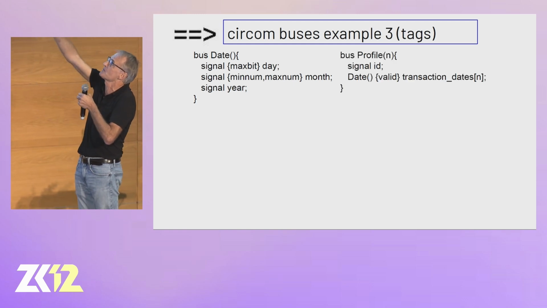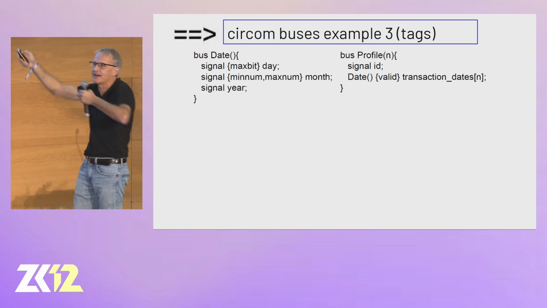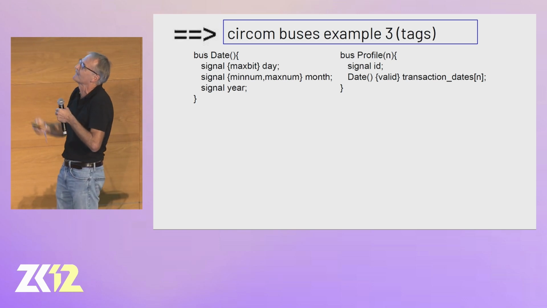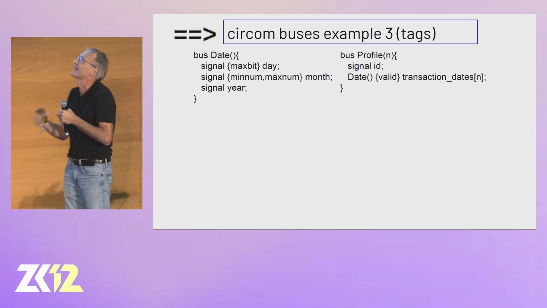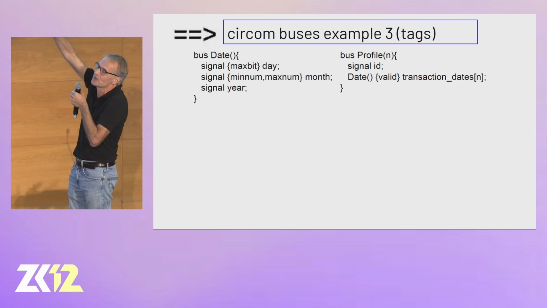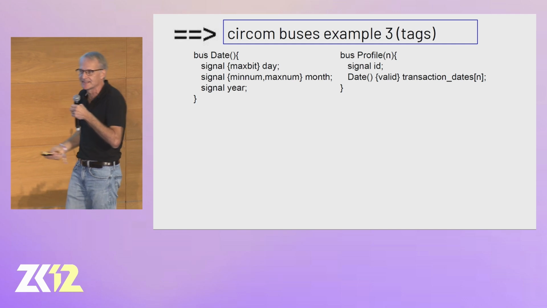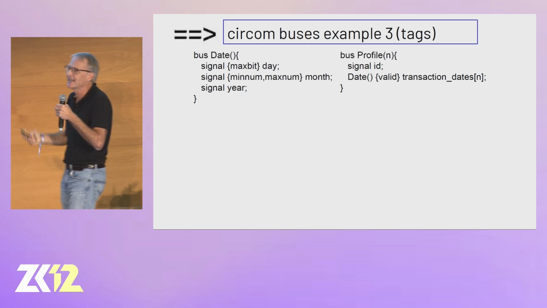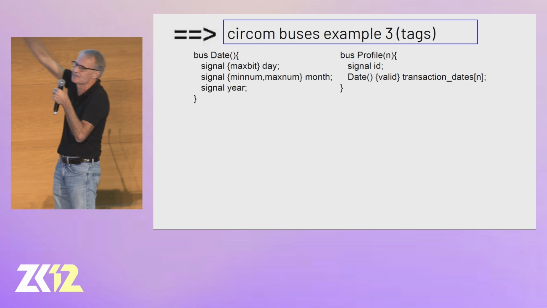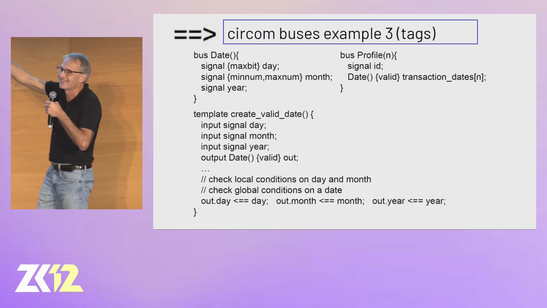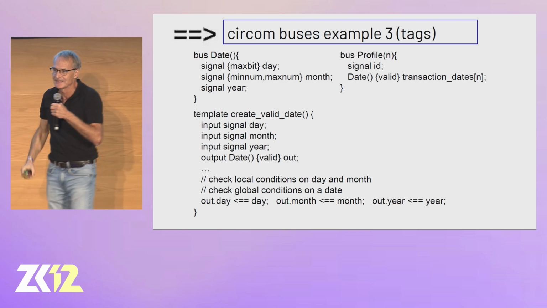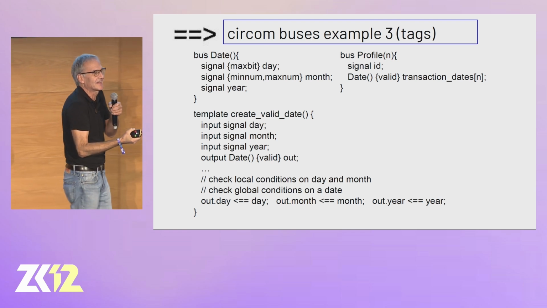Okay? So there is one thing. But then suppose I create this bus, which is a profile for an ID, and then for a bunch of dates, meaning whatever. And then what I want to add for dates is that this is a valid date. Okay? So then I add this tag saying this is a valid date. So I can have a template that creates a valid date, and what's the meaning of creating a valid date?